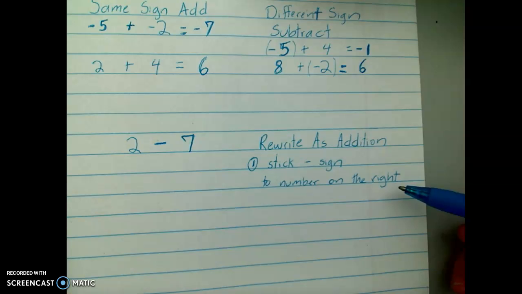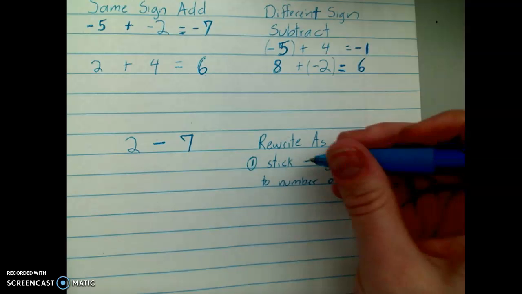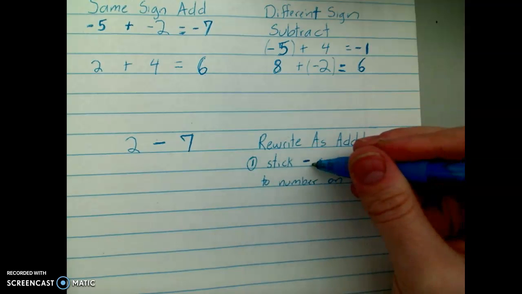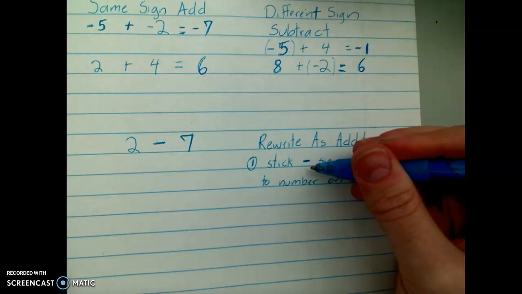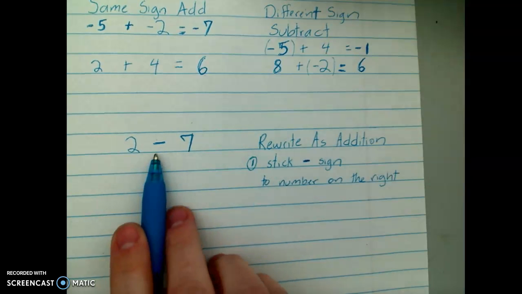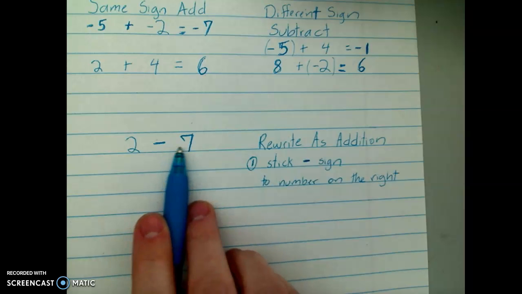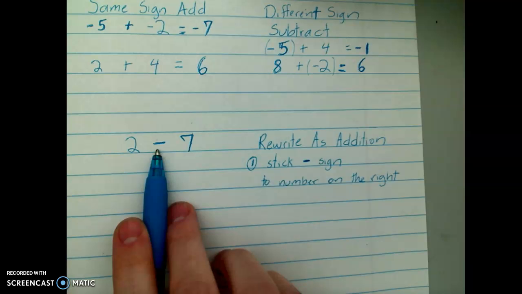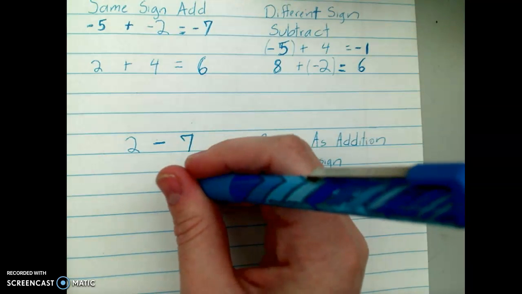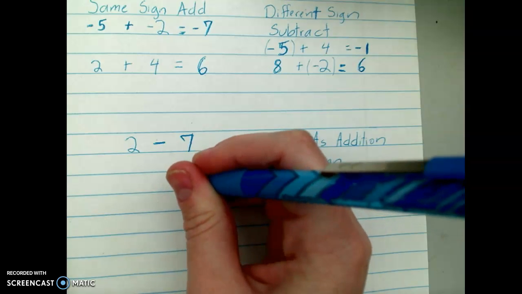Voila. Now, we also talked about how this negative sign also looks like a subtraction sign. They're the same thing. So what this step means is that I'm going to take this sign right here and stick it to the number on the right, so that it's no longer a subtract 7, but it is a negative 7.